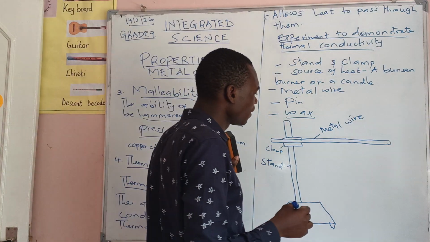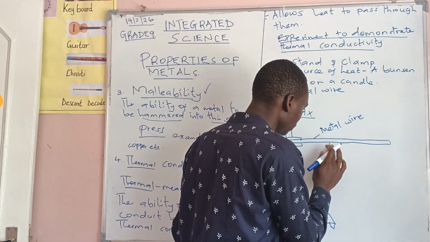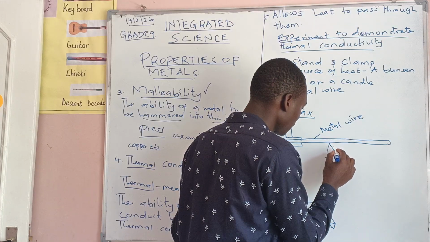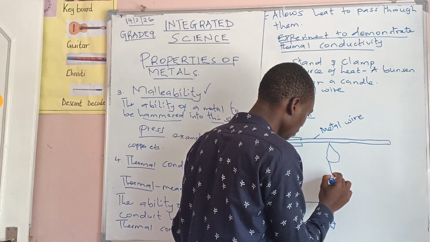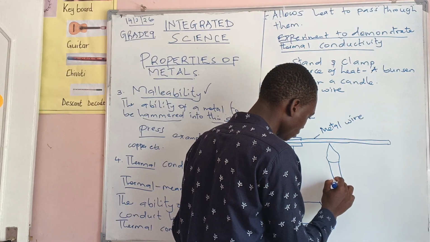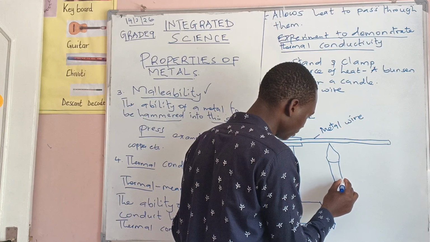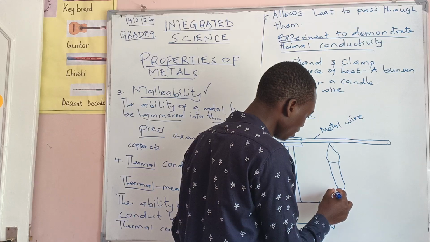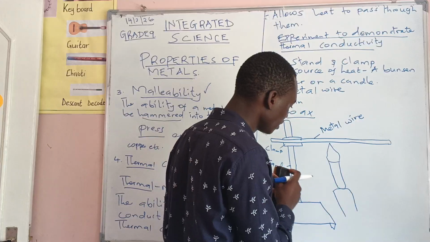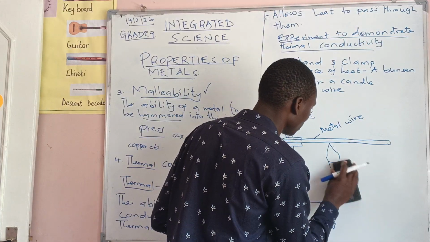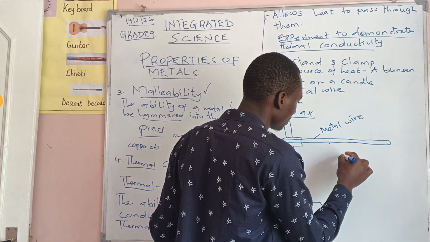And then there is source of heat at this end. The source of heat is here with me. In this case, allow me use Bunsen burner with chimney, and allow me draw it at the other end so that they don't get into contact.